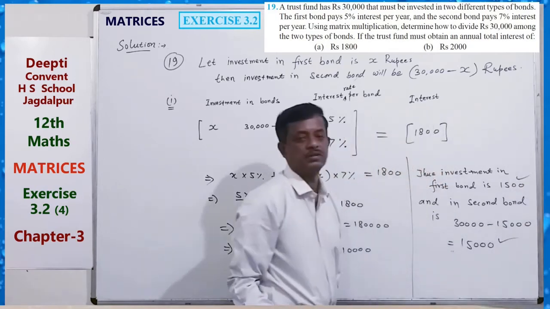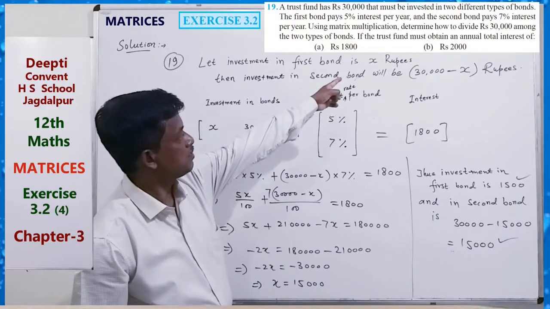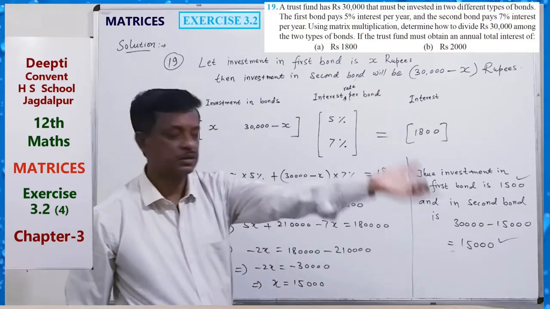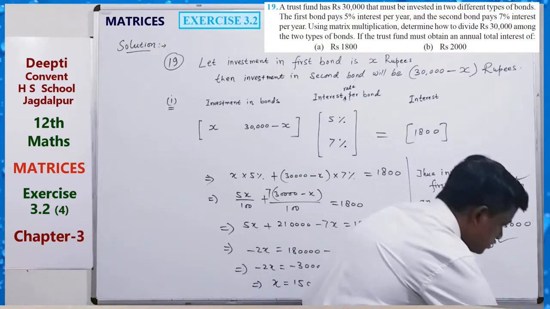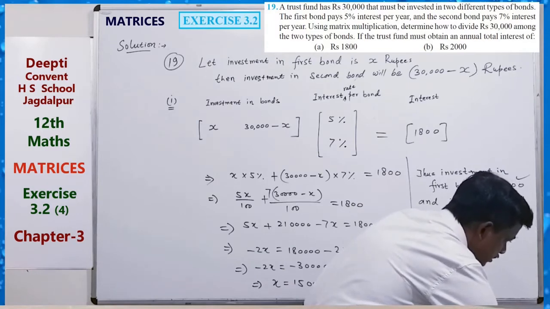Both are 15,000, because the first is x equals 15,000, then 30,000 minus 15,000 is 15,000. So the first and second are 15,000 each.